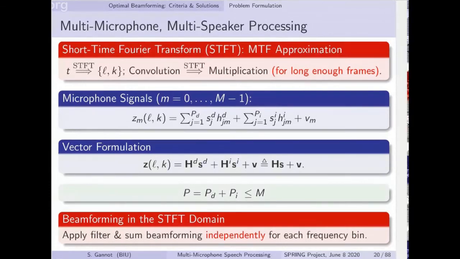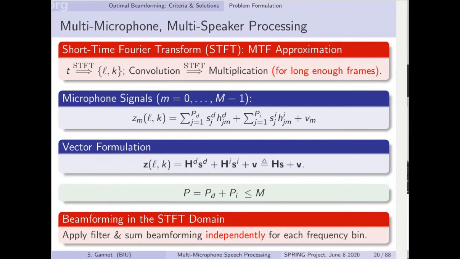We have multiple desired sources, their number is P_D, the first summation. Then we have multiple interference sources, and then we have some ambient noise. All of these signals are received by an M-microphone array, and this is also written here in vector formulation.